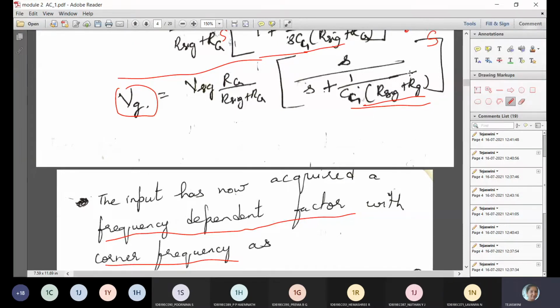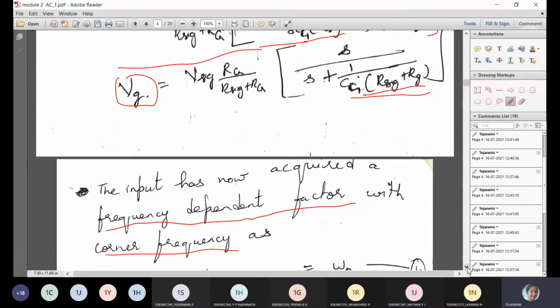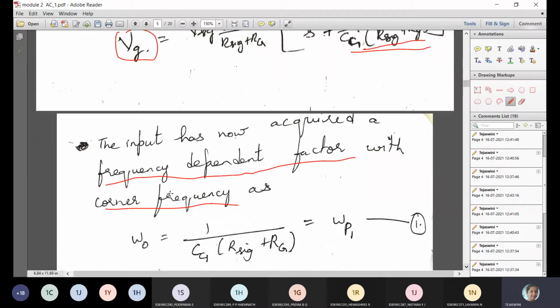So I am going to write omega naught. This is called the corner frequency or breakover frequency. That is 1 by CC1 into R signal plus RG, which can also be written as omega P1. That is the first pole.